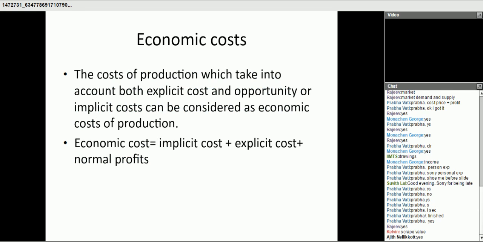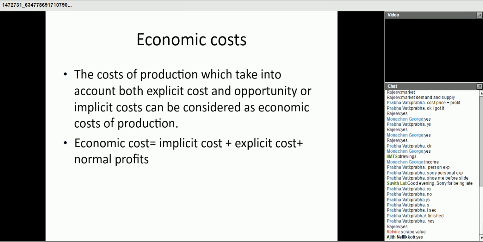Now economic cost means a combination of explicit and implicit cost and the normal profits. Normal profits means the reasonable profit, the profit which a firm should earn in order to cover all the costs and earn a reasonable margin.